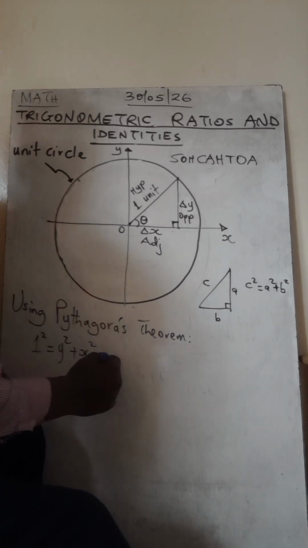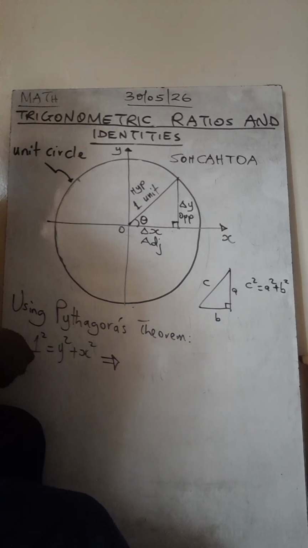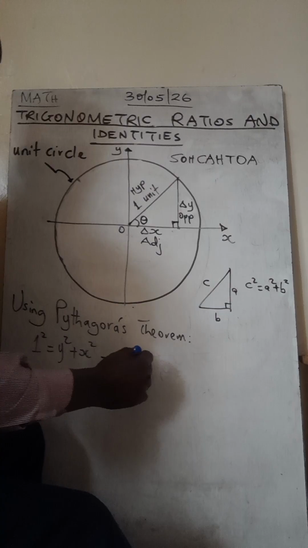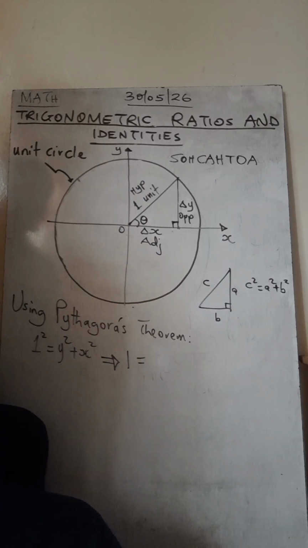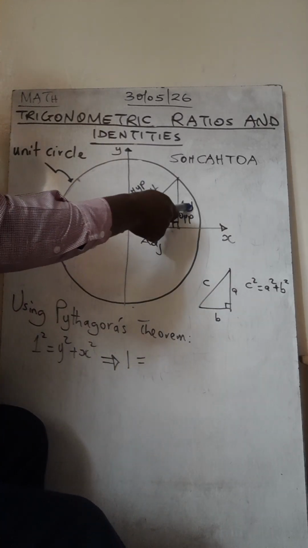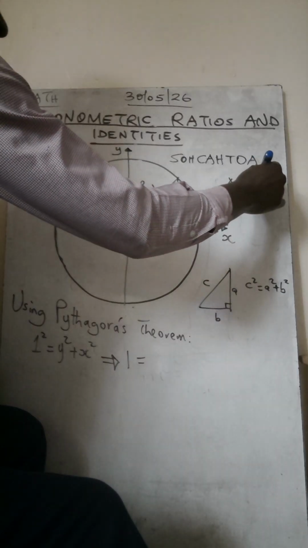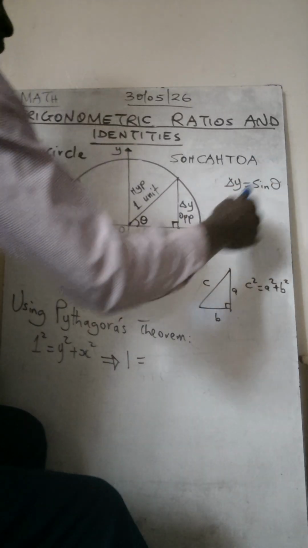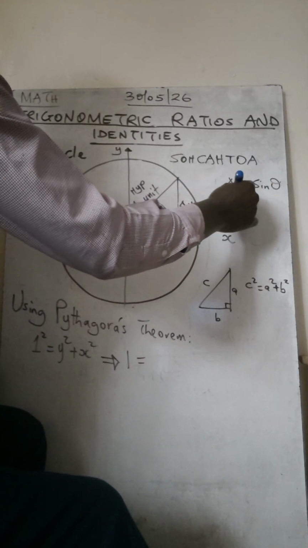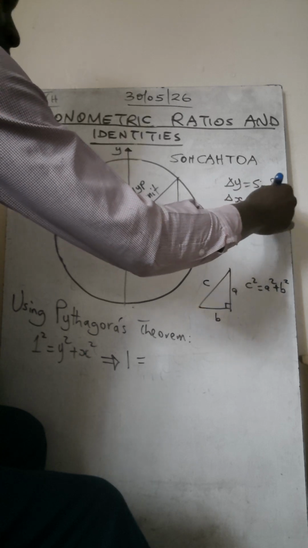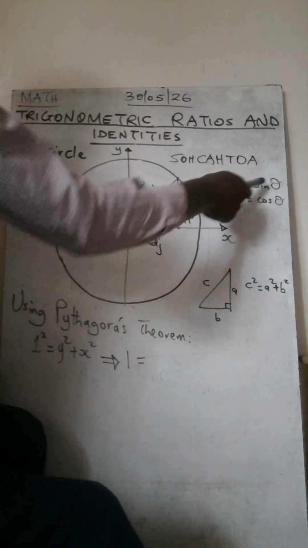Let us do the necessary substitution. 1 squared is just 1. Change in y squared: there is a point I've told you that change in y is sine of theta. And I've also told you that change in x is cosine of theta. So let us just do this substitution here.